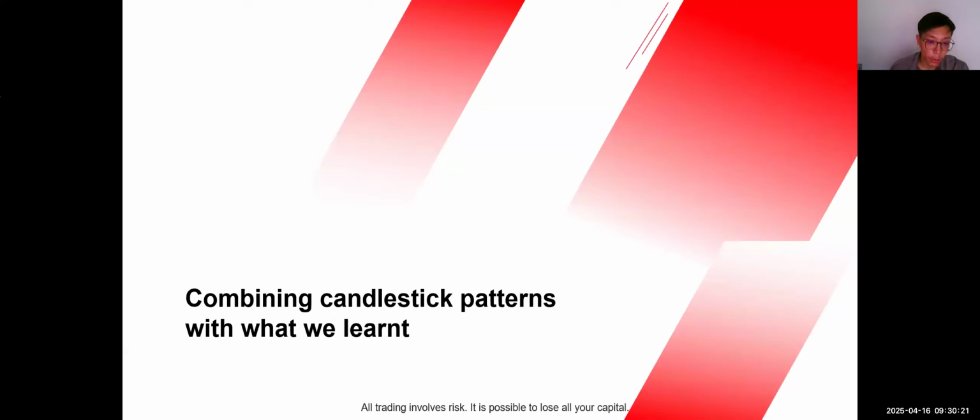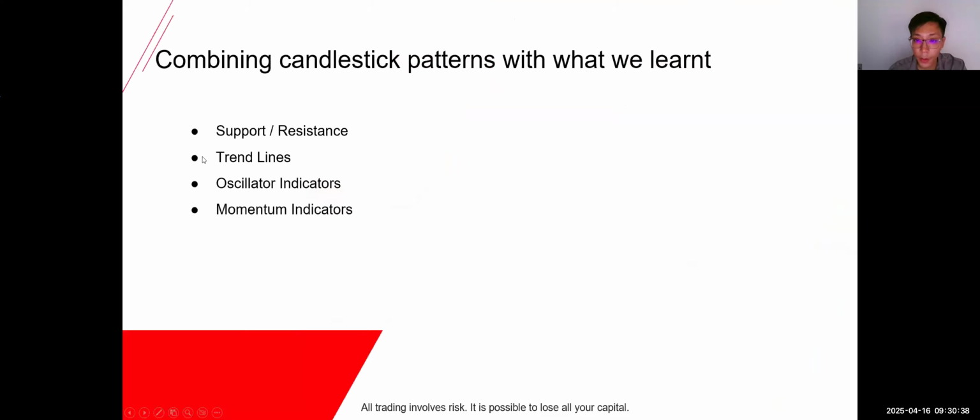So, combining candlestick patterns with what we have learned so far. This is not the part where we go to TradingView yet, so bear with me for a little bit more. Combining it with support or resistance levels, trend lines, oscillator indicators, and momentum indicators.